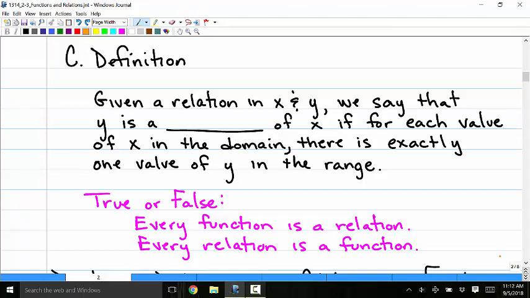Now we're going to talk about a function. If you're given a relation in x and y, we say that y is a function of x if for each value of x in the domain, there's exactly one value of y in the range. That's a fancy way of saying the x's do not repeat.